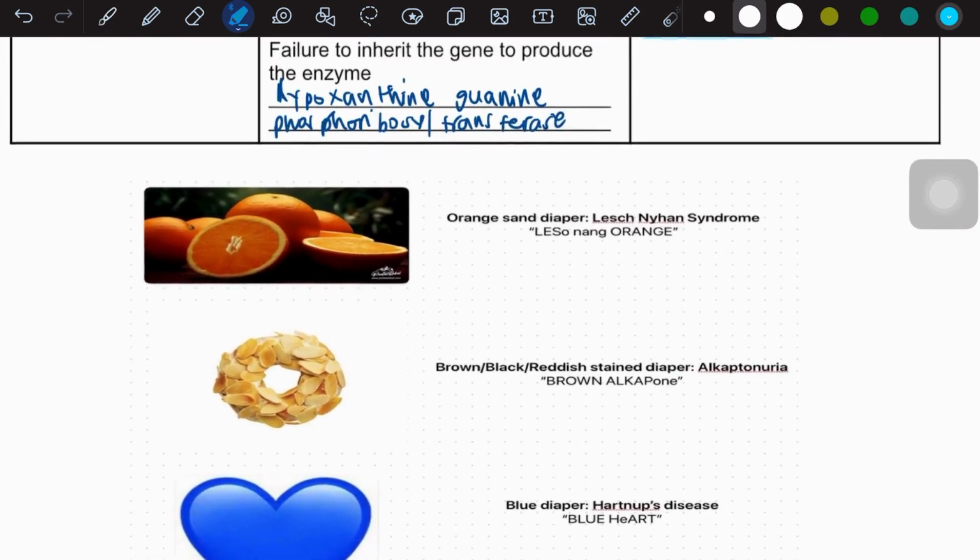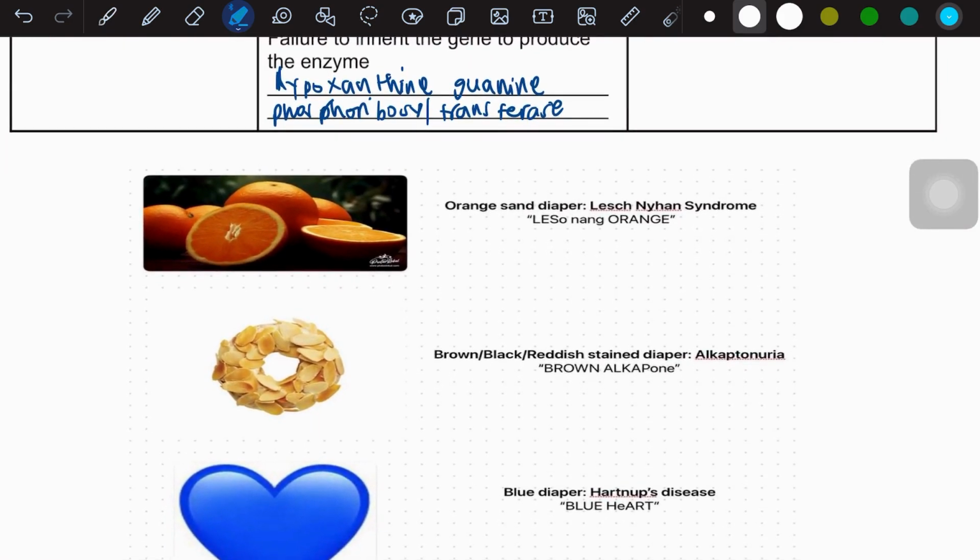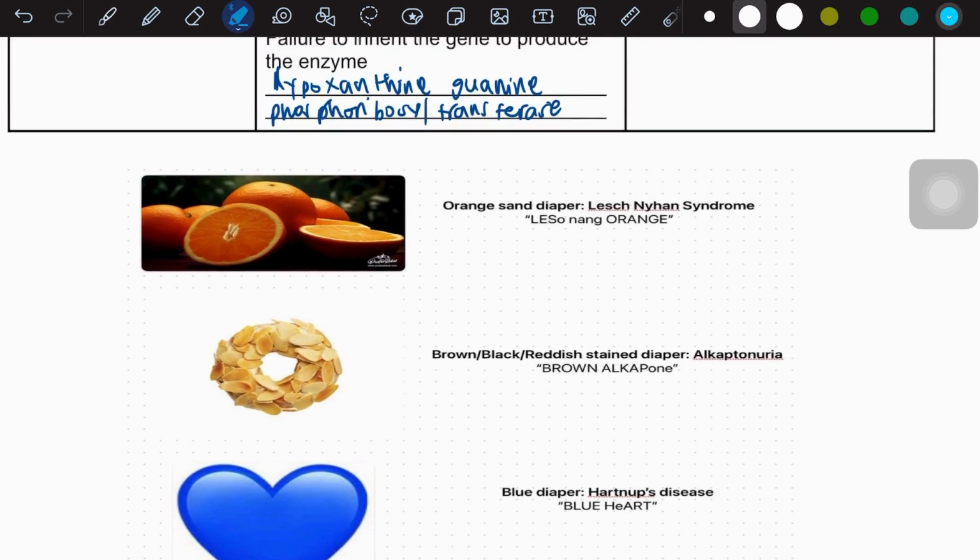So here, this is a mnemonic which is also helpful to our visual learners on how you will remember which is orange, which is blue, which is black. To help you remember, orange sand in diaper, that is Lesch-Nyhan syndrome.